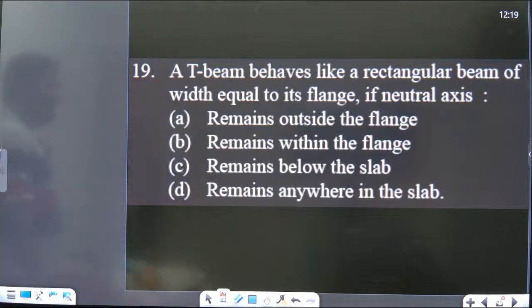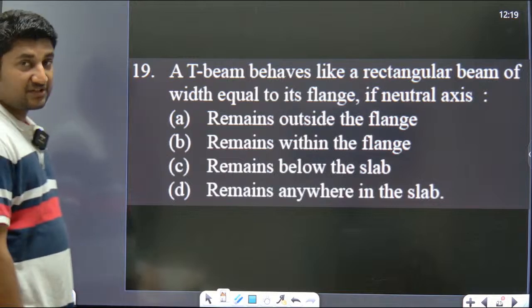A T beam behaves like a rectangular beam of width equal to its flange if neutral axis... This is also a good question.